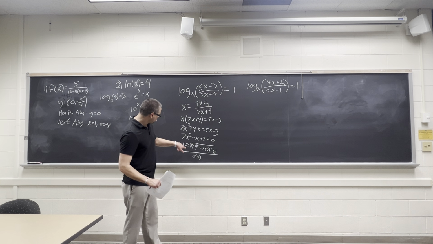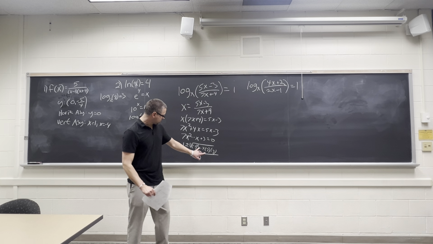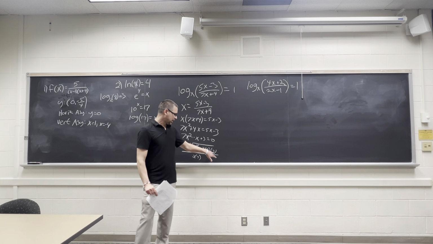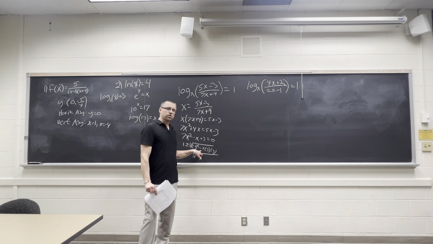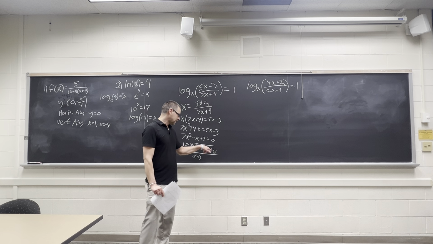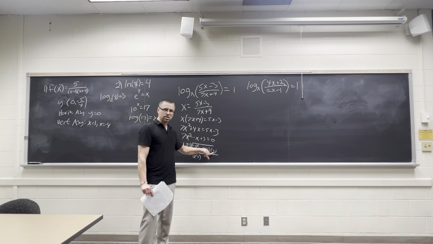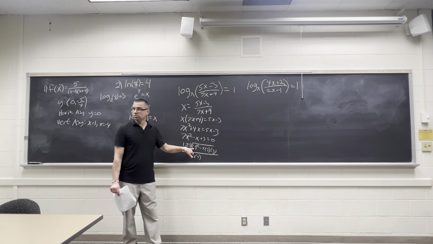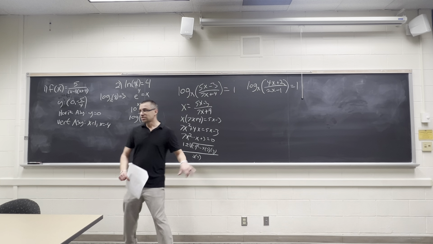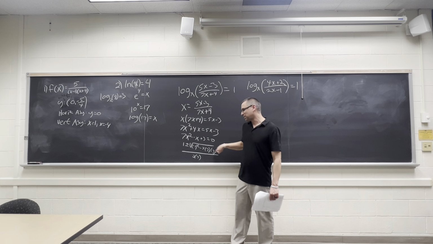You get 1 plus or minus the square root of 1 minus 4 times 7 times 3, which is 84, whatever that is, doesn't matter because that's obviously bigger than 1, right?